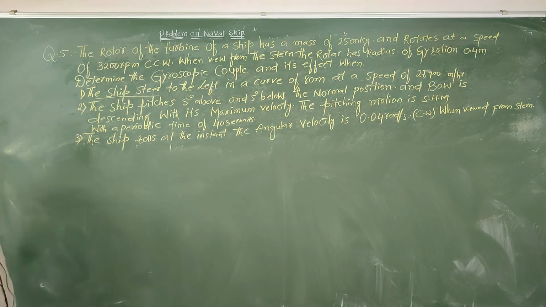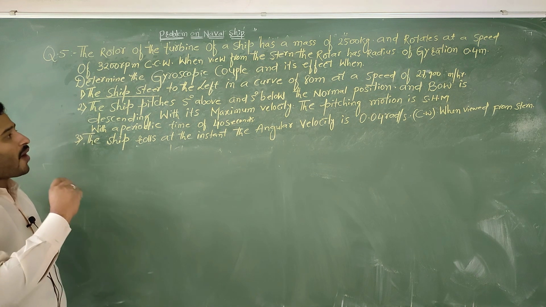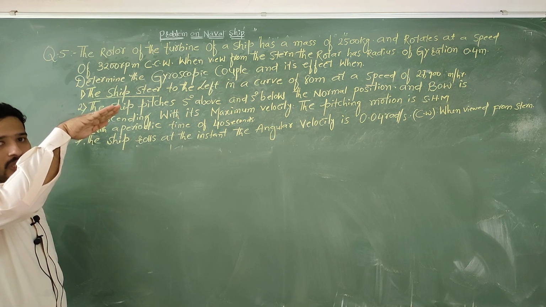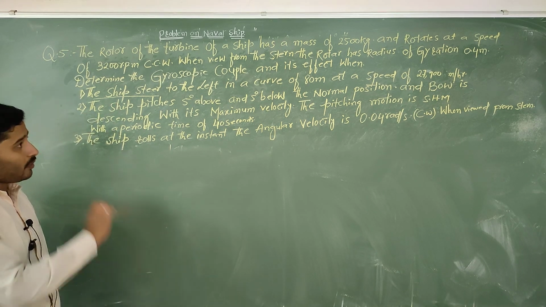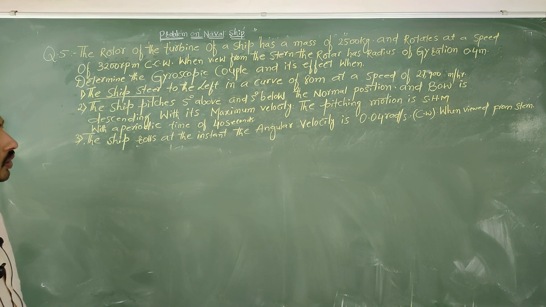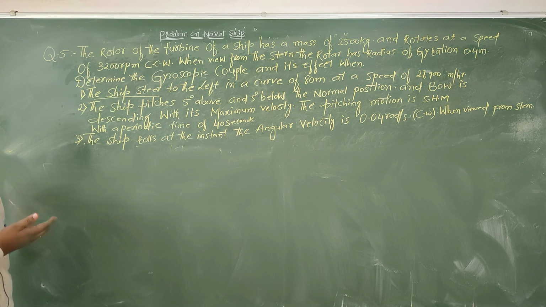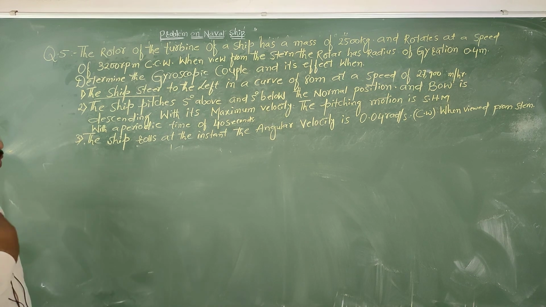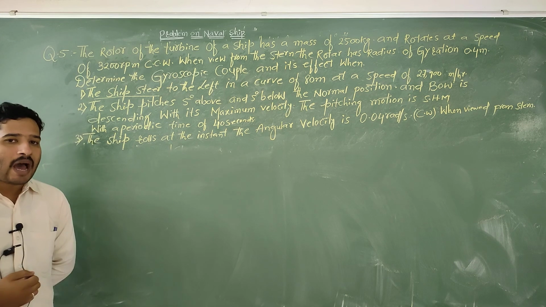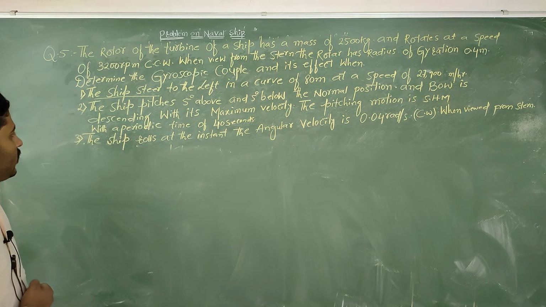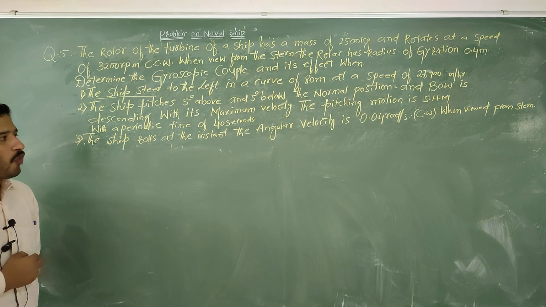The second condition: the ship pitches 5 degree above and 5 degree below the mean position, and the bow is descending with its maximum velocity. The pitching motion is simple harmonic motion with a periodic time of 40 seconds.